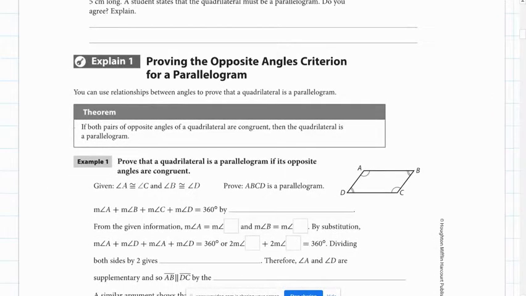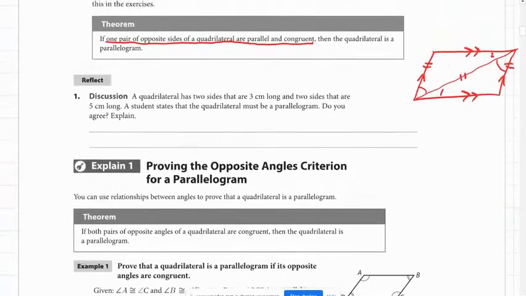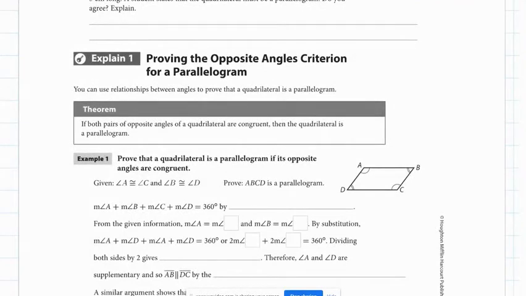Then we also have a theorem that says if both pairs of opposite angles are congruent, then the quadrilateral is a parallelogram. That is definitely a converse of one of the theorems you learned in section 9.1. In section 9.1, we said if a figure is a parallelogram, then its opposite angles are congruent. Here we're saying if opposite angles are congruent, then it must be a parallelogram.